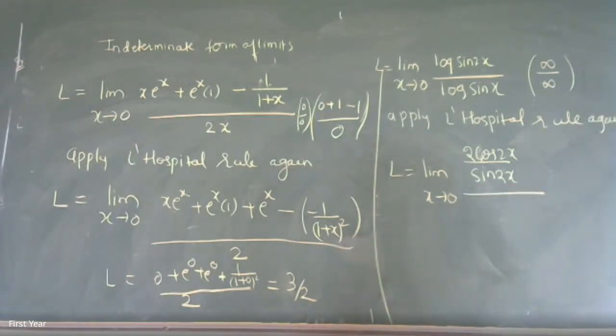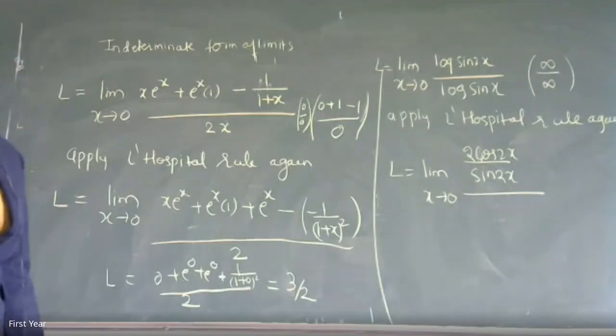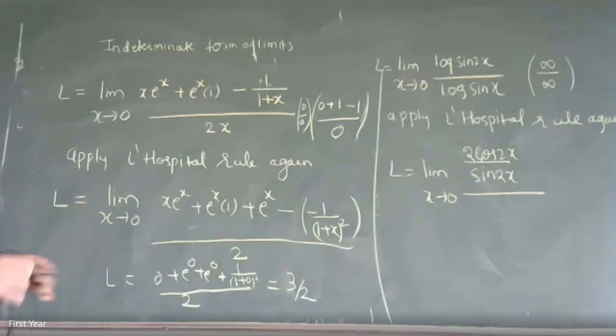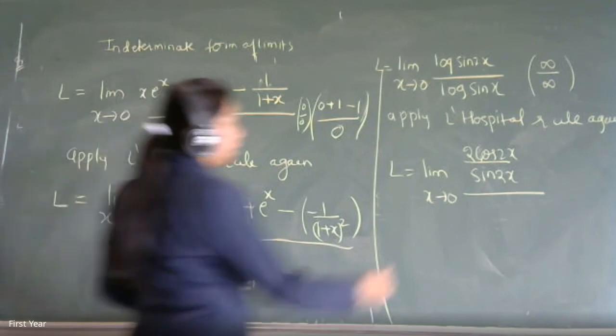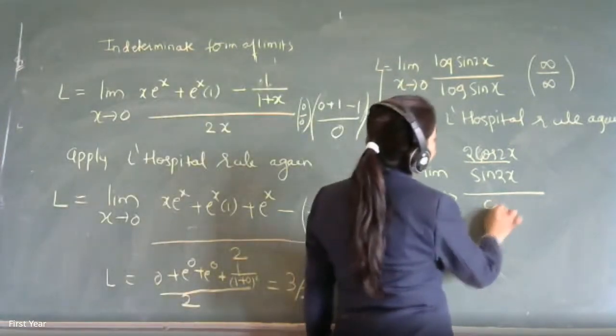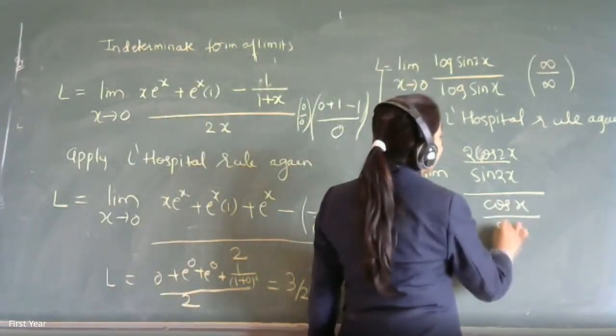Denominator: what's the denominator? 1 upon sin x into cos x. So what will that be equal to? Cot x.